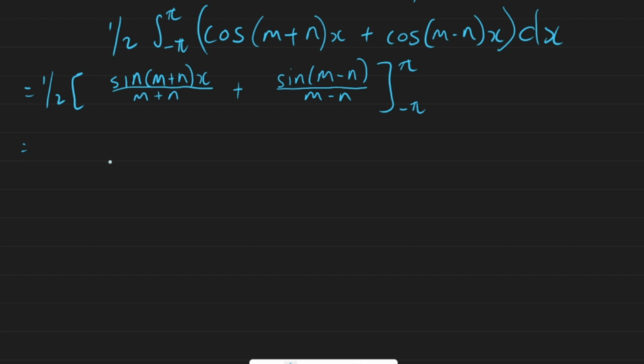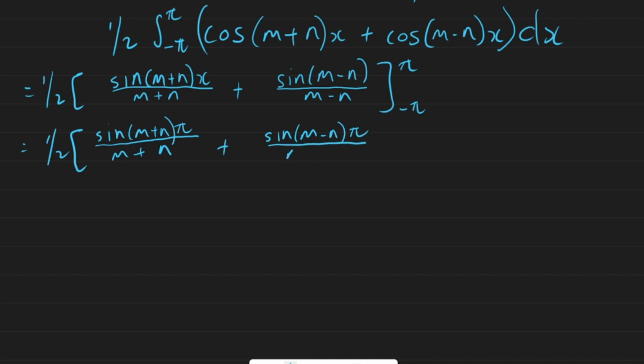Substituting in pi and minus pi, we get a half into sine of m plus n pi over m plus n, then plus sine of m minus n pi divided by m minus n. And it's essentially the same thing, but we'll just replace pi with minus pi.